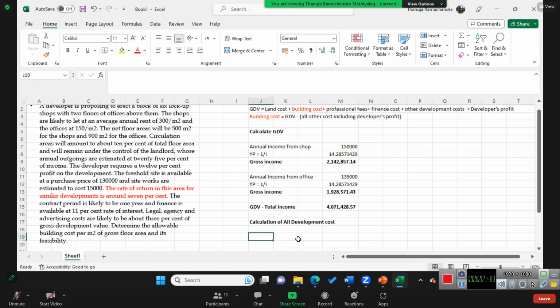Right. So in the development cost, first is site cost. So it's given.